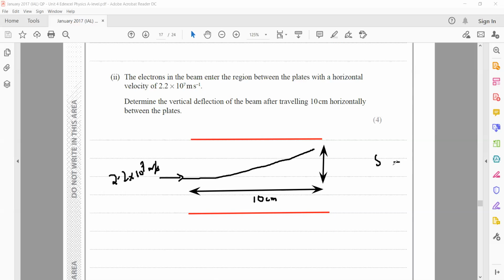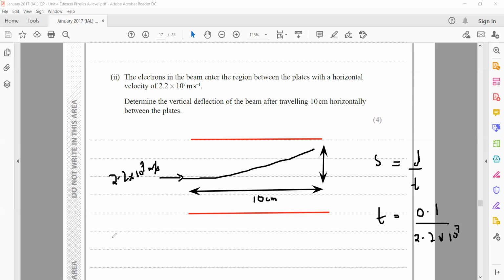Speed is equal to distance over time, or time is equal to distance divided by speed. So distance 10 centimeters, or 0.1 meter, divided by the speed, 2.2 × 10^7. After we get the time, we'll know how much time it takes to cover 10 centimeters horizontally.